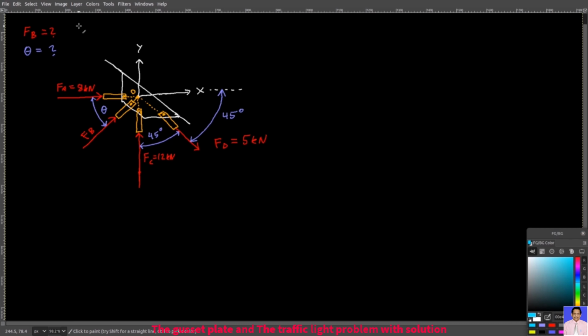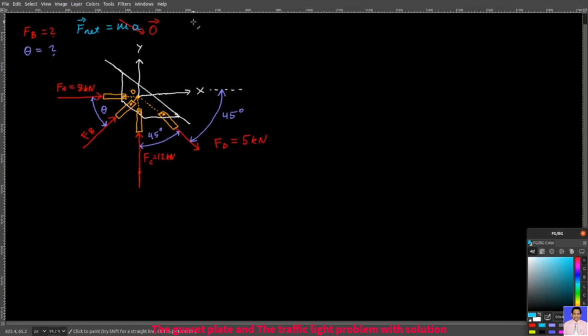Newton's second law says that for a constant mass, F net, or the sum of all the force vectors, equals mass of this object times the acceleration of this object. But since this object is not moving anywhere, this entire term becomes a zero vector because your acceleration is zero.